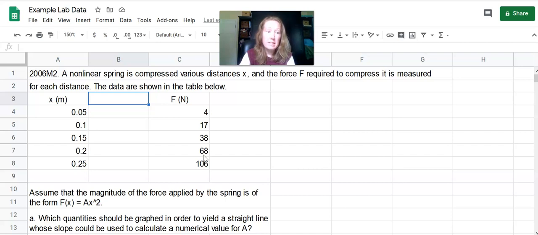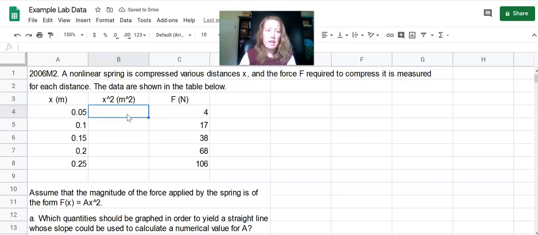And I'm going to call this x squared just so that I remember what this is, and make sure I square the units, because when you answer questions about what this quantity is, often when it asks you for the slope later on, which is a question, you need to include the units, so you don't want to forget what the units were.